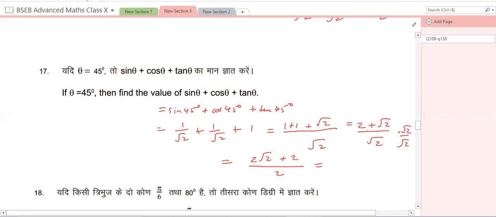You can see 2 times root 2 is 2 root 2, root 2 times root 2 is 2. We can take out a common factor of 2 on top, so we are left with root 2 plus 1 as the final answer.